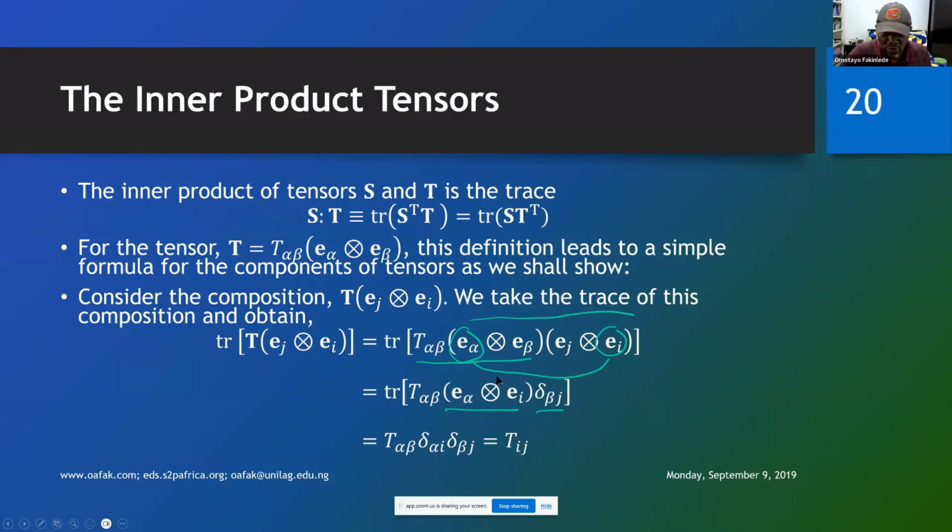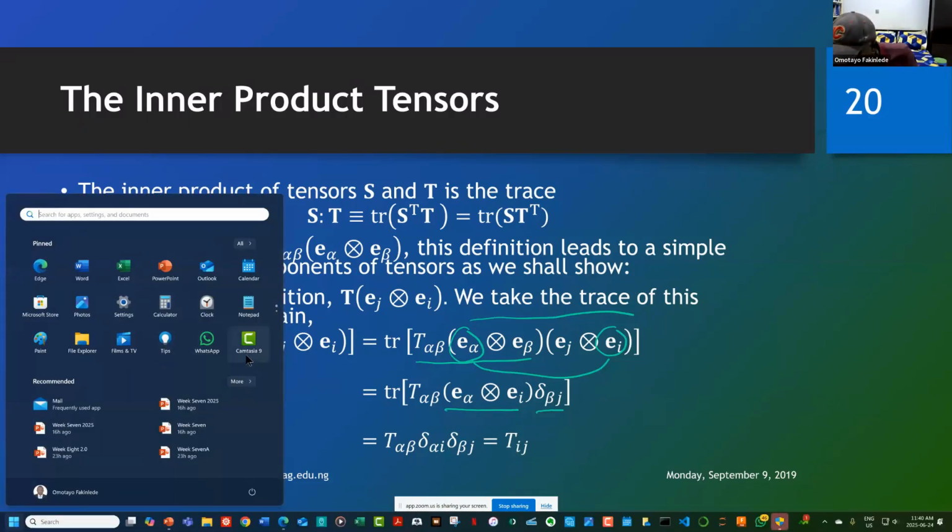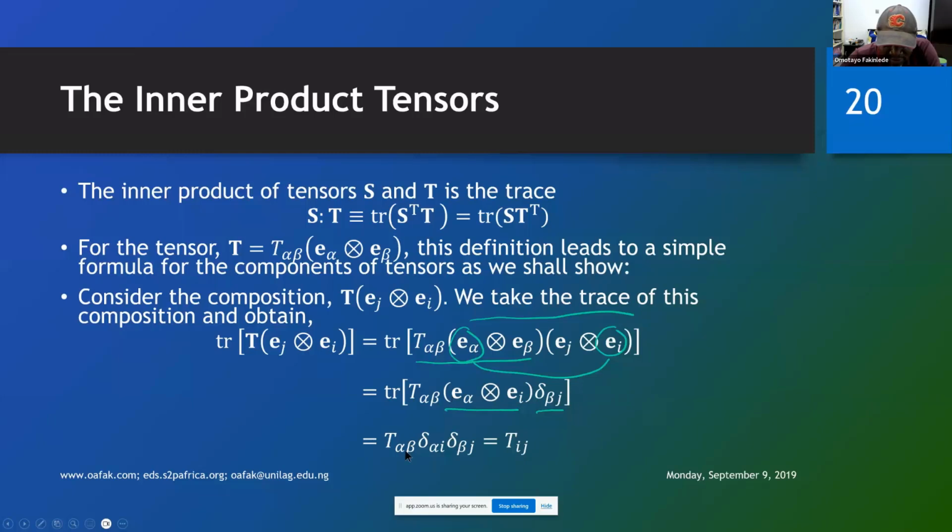I want us to be able to move from here to here, but then we have not proved that the trace of this dyad is simply delta alpha I. And since that is not proved, we cannot move from here to here.